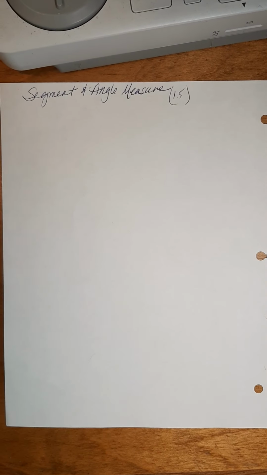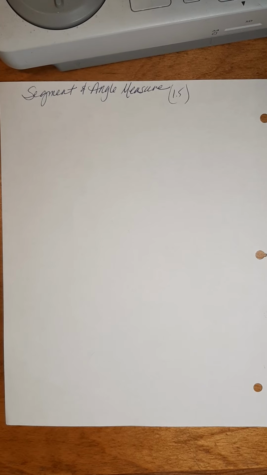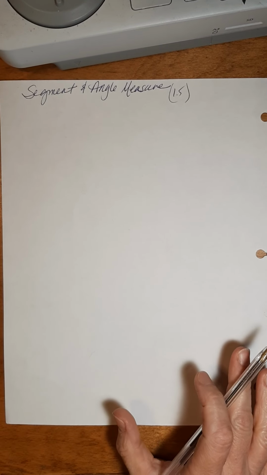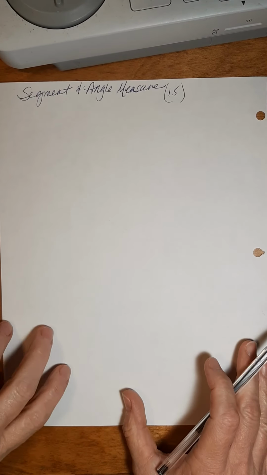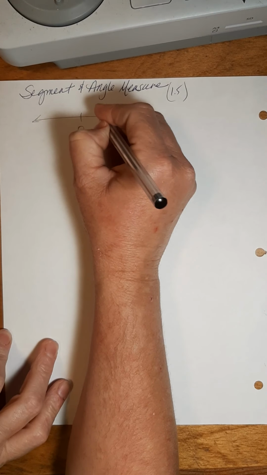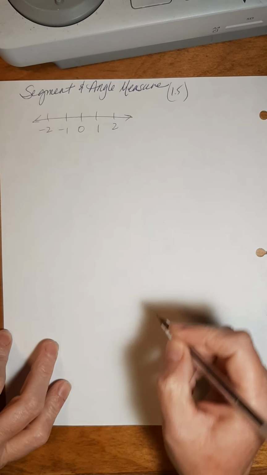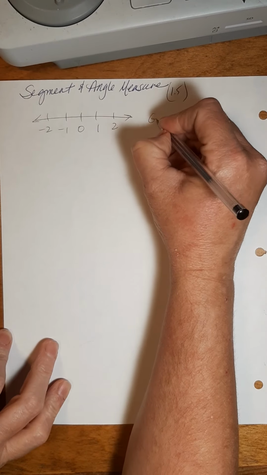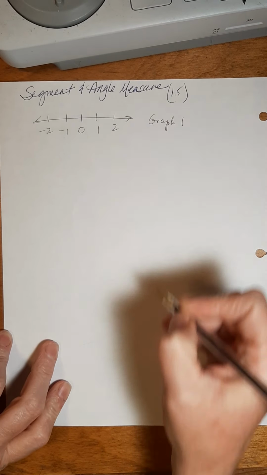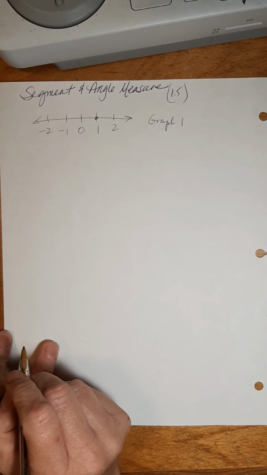Segment and angle measurement. Well, the first thing in this is actually 1.5 in the Bob Jones book. But remember, if you just have a number line, we'll just do standard. And if it said graph 1, you would literally dot at 1.